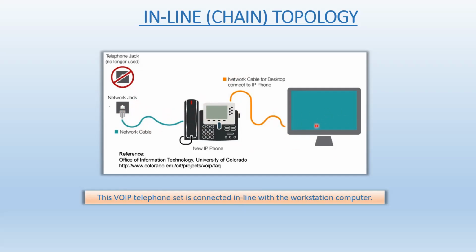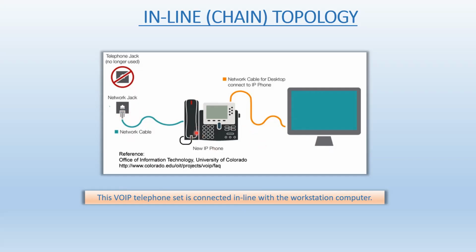So if you have a PC already connected to a data jack, you can just put the VoIP phone in between. You can unplug the PC from the wall, plug the Ethernet connection right into the phone, and from the phone plug it into the PC, and you're in business. You don't have to go through the huge additional costs of running additional jacks.